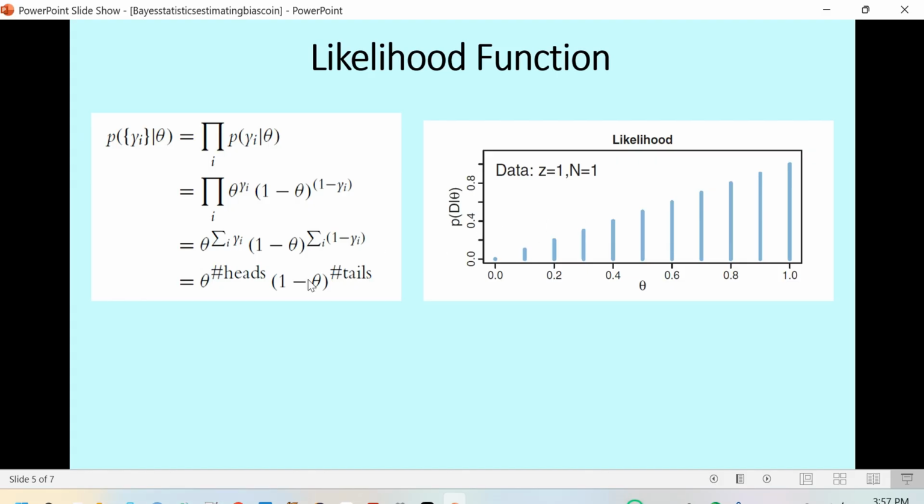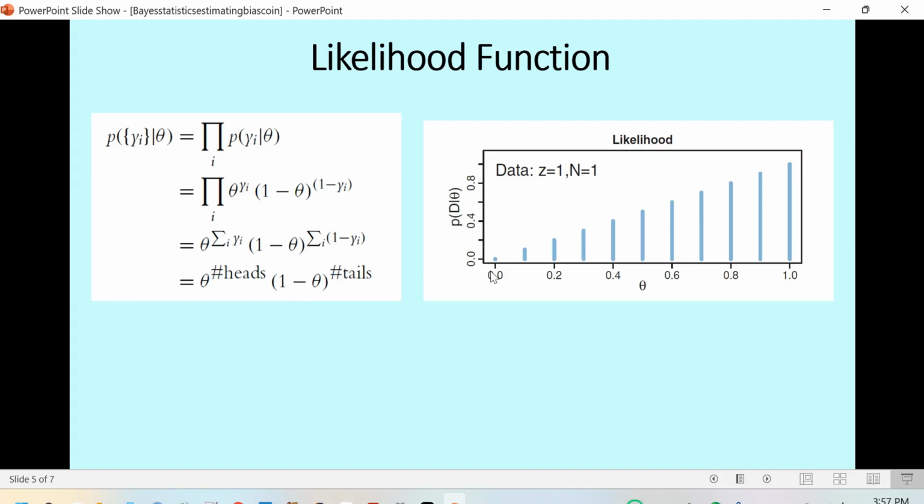Then, if we only get one flip, we will see how it goes with the posterior. So first, if we get only one flip and the result is a head, we can put in this likelihood.